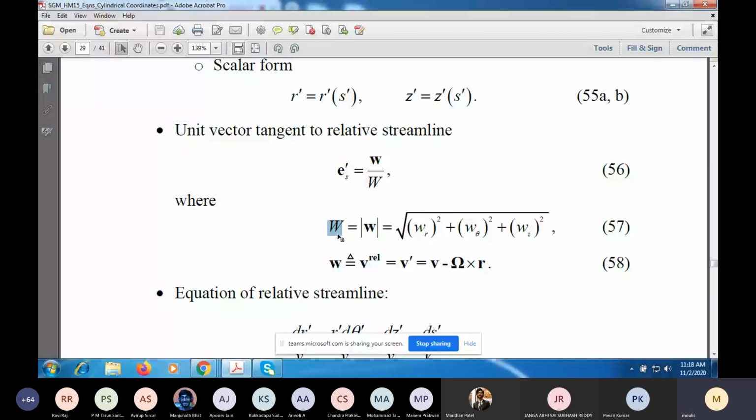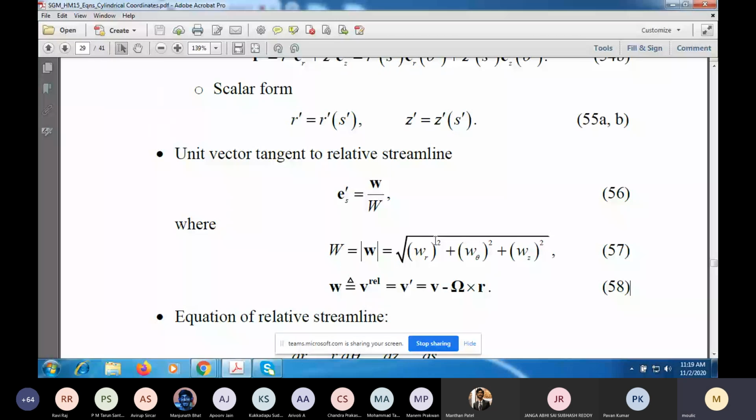Okay. So this is the square root of Vr square plus V theta square plus Vz square, and W, the vector, I can call V with the superscript REL for relative velocity, or V prime, which is the absolute velocity V minus omega cross r.